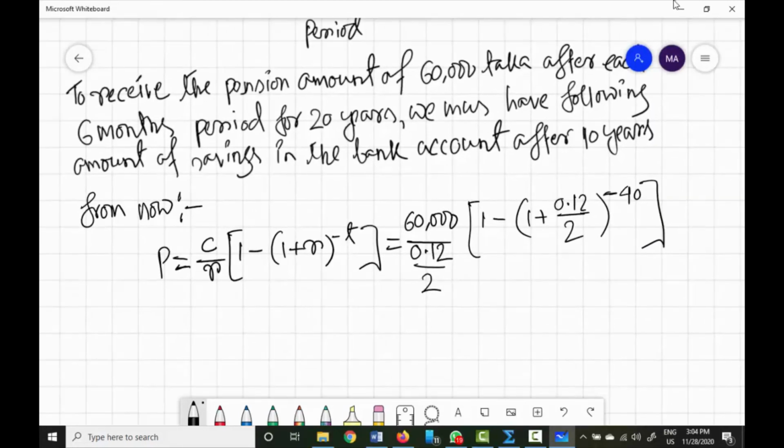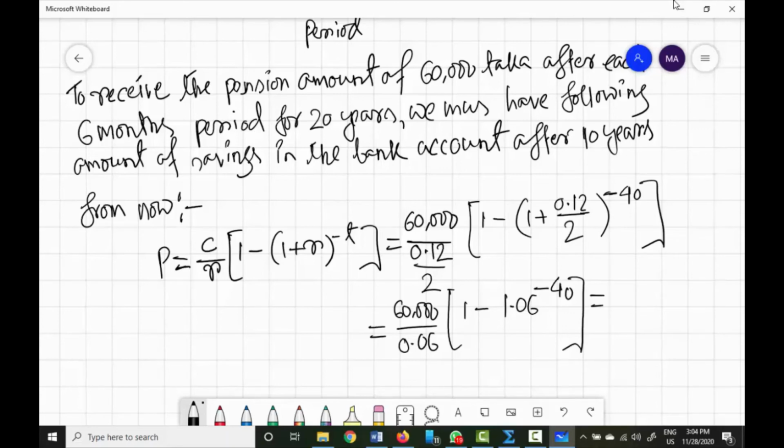Right, so let us do the calculation. This is 60,000 divided by 0.12 divided by 2, that means 0.06. So 1 minus 1.06 power minus 40.